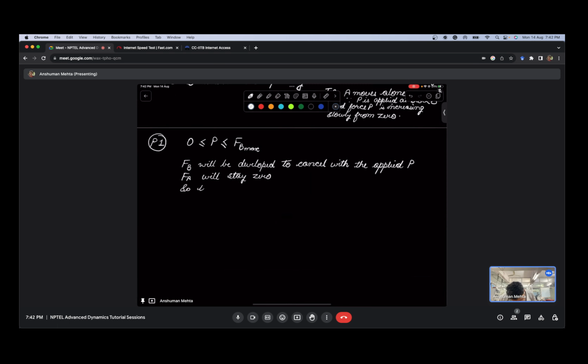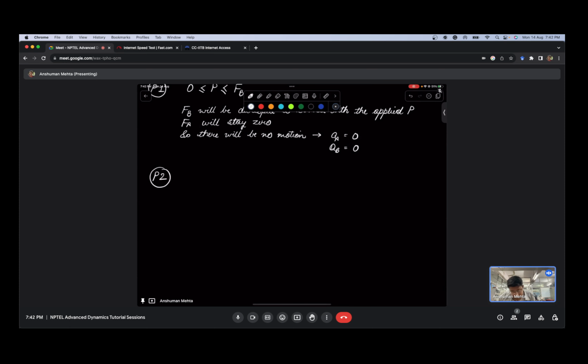So there will be no motion, such that A of A will be 0 and A of B will be also 0. So this is P1.